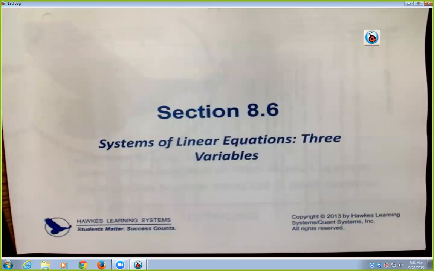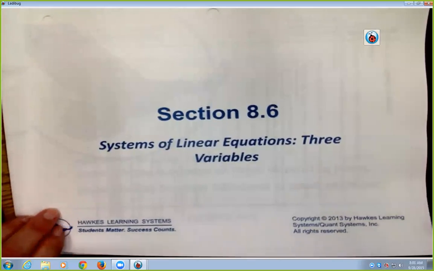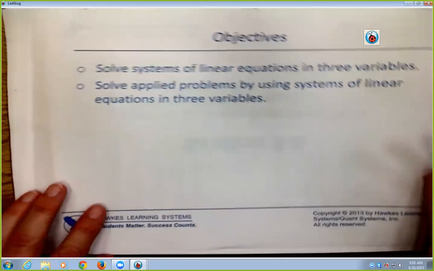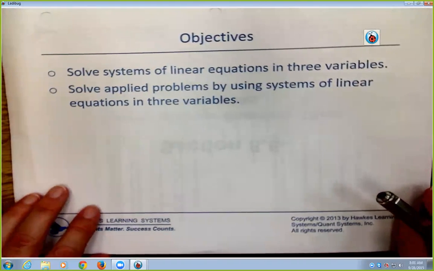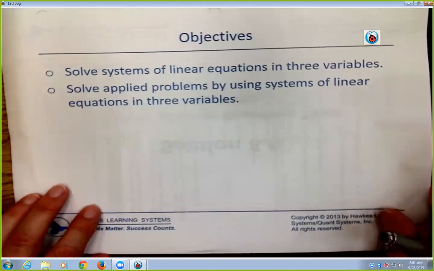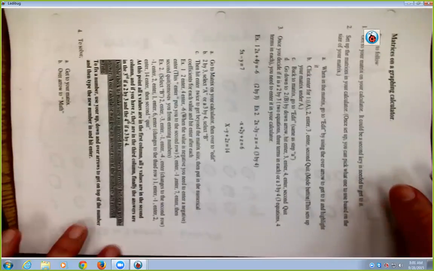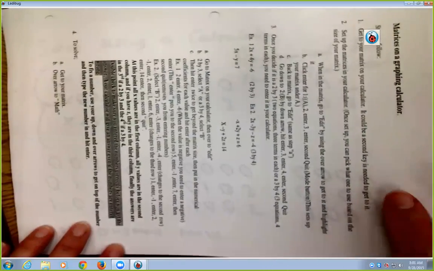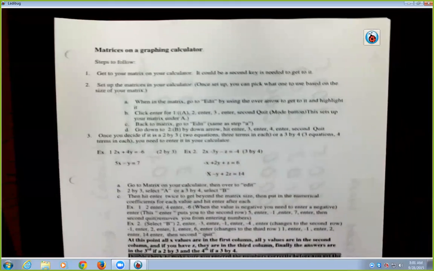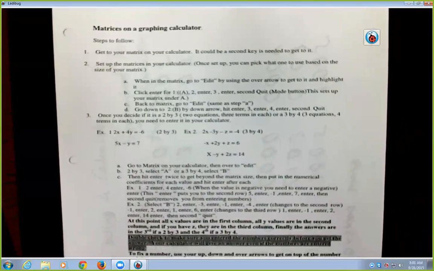So in 8.6, we're going to do a 3-variable matrix. Our objectives for this part are to solve linear equations in 3 variables, and then solve applied problems using systems of linear equations in 3 variables. First, I handed out to you a sheet that has your matrix information on how to use your graphing calculator.